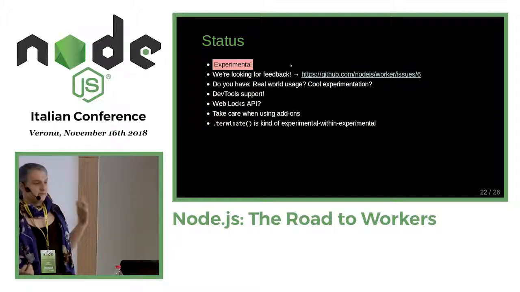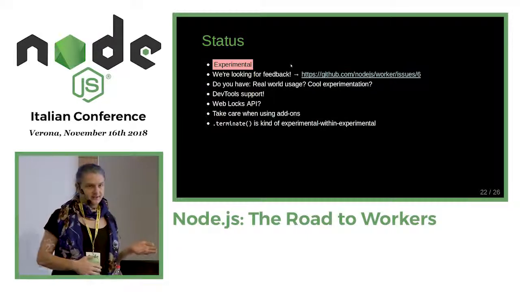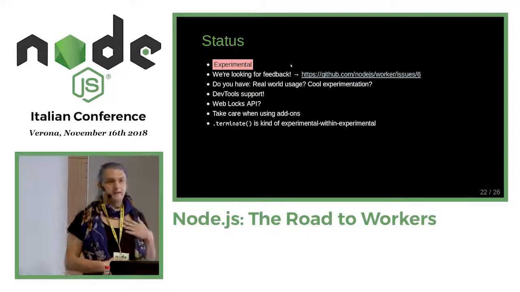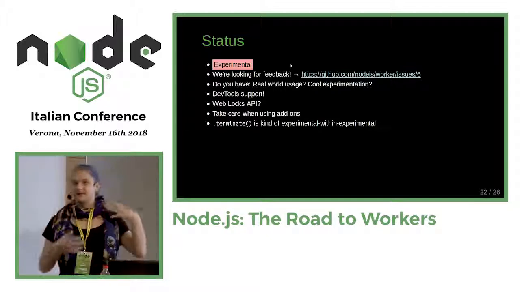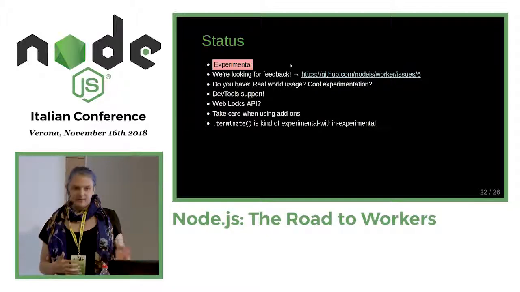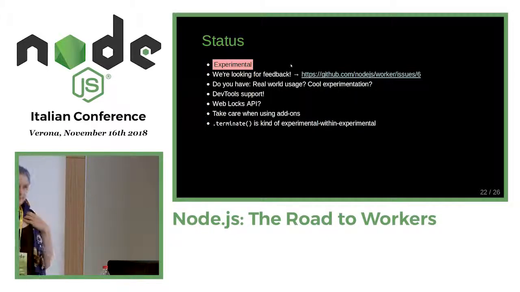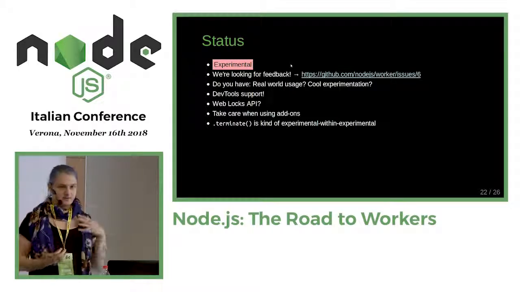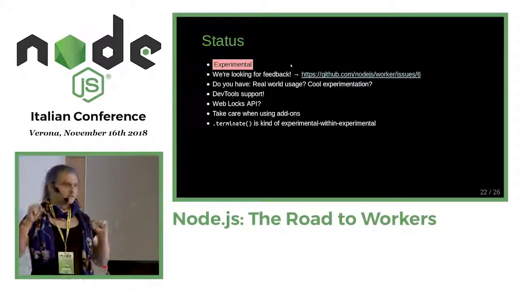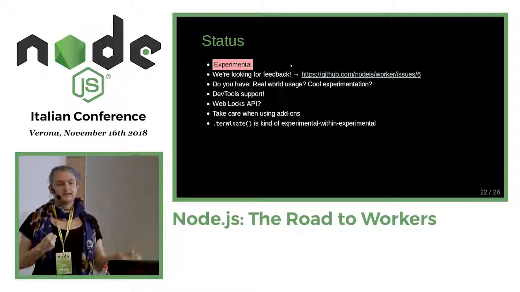It's still experimental. Like I said, we reserve the right to make changes if necessary. We're in a chicken and egg situation, as we are with every experimental feature. We want people to use it and to give us feedback about it, because that is the way we know this is the right API, something that people actually use.